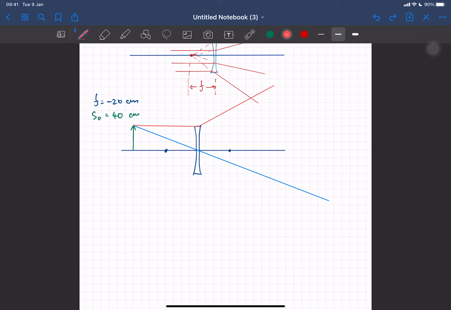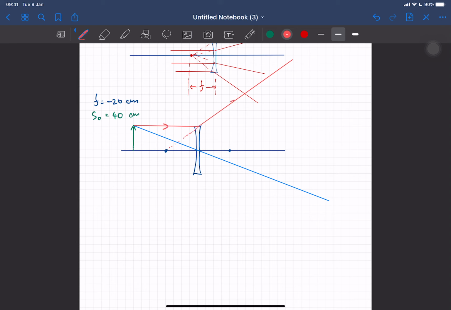So what I should do is just do it like this. Something like this. Then I can go back here and draw this dashed line.